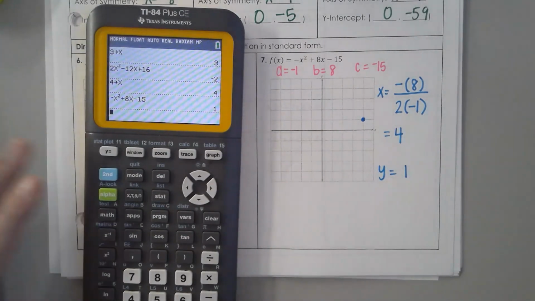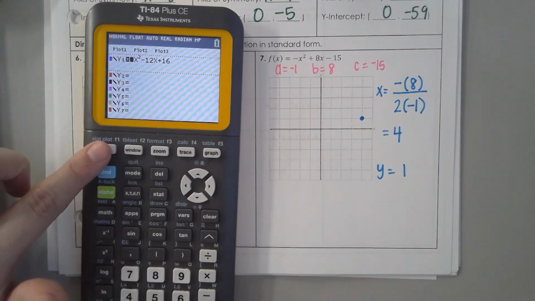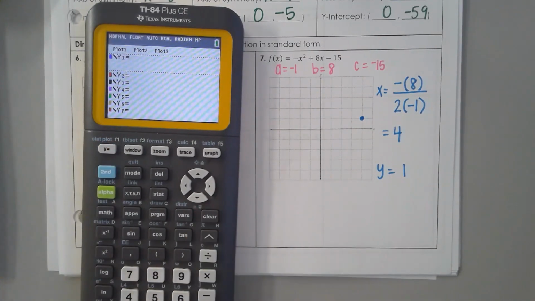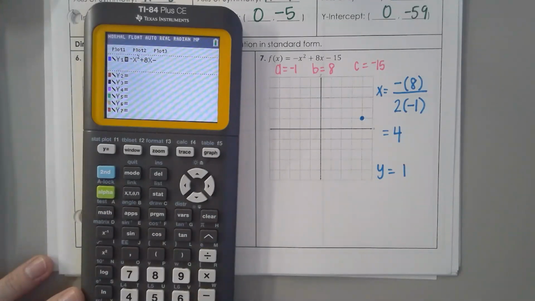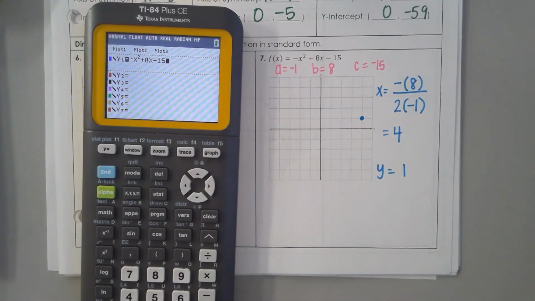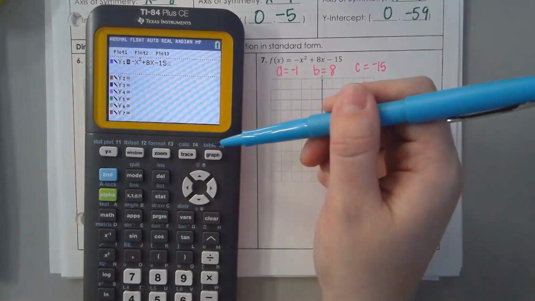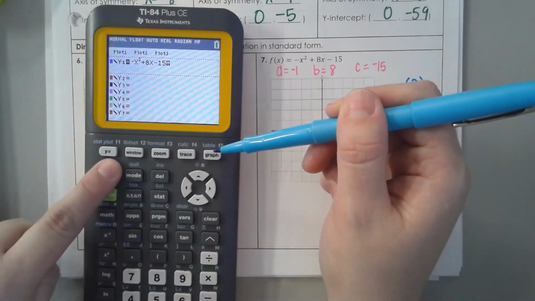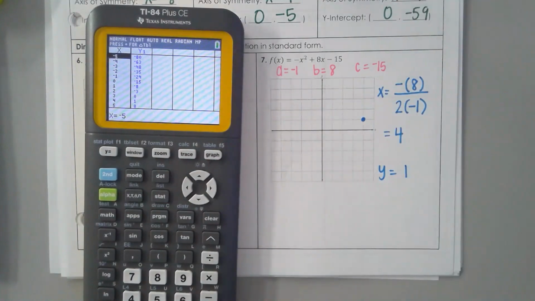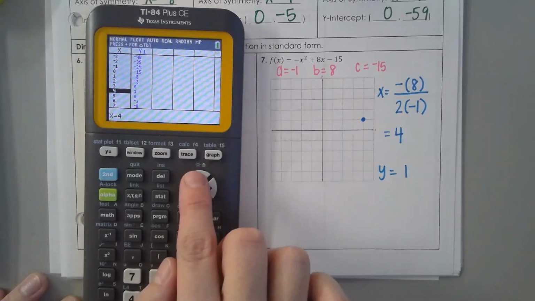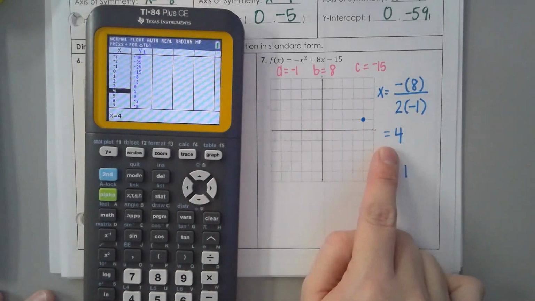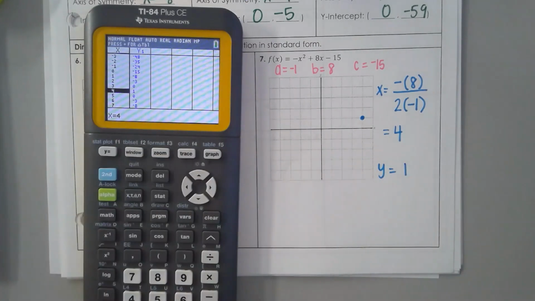So now we want to get our points. So go to your y equals and clear out the one that's there. And then type in this quadratic. Negative x squared plus 8x minus 15. And then we want to get to the table. So it's second graph. So my vertex, I scrolled down to my vertex, which was 4, 1.